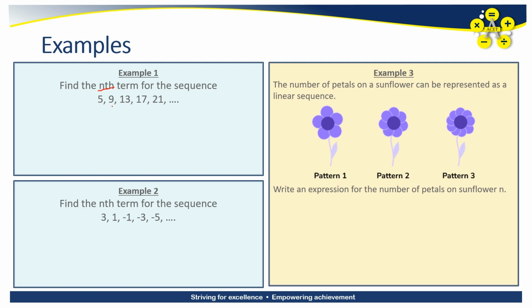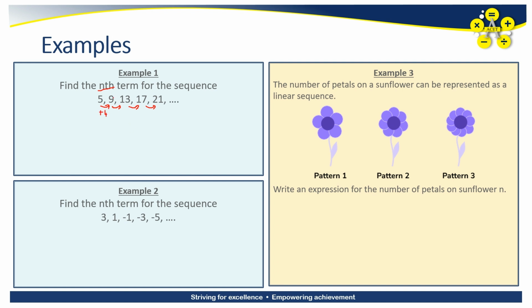So in this example, what I'm trying to do is find the nth term for this increasing sequence. The first thing we need to do is to consider, well, what type of sequence is this? Because they're all versions of a times table. We're interested in which one that is. So I'm looking at the difference between each term in the sequence. How do I get from 5 to 9? Well, I add on 4.